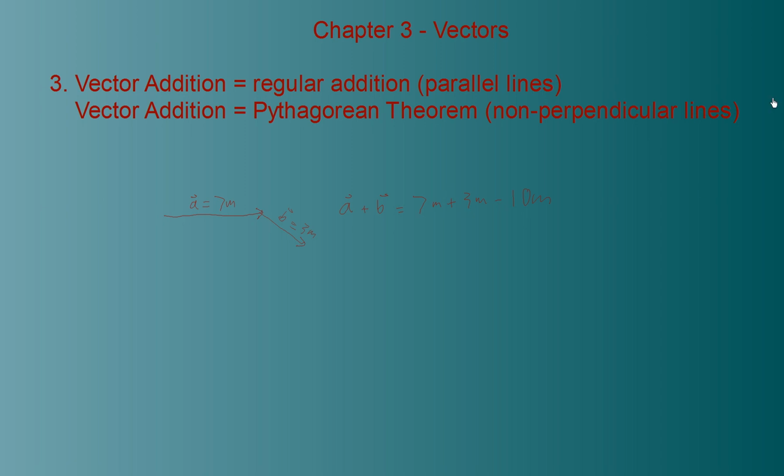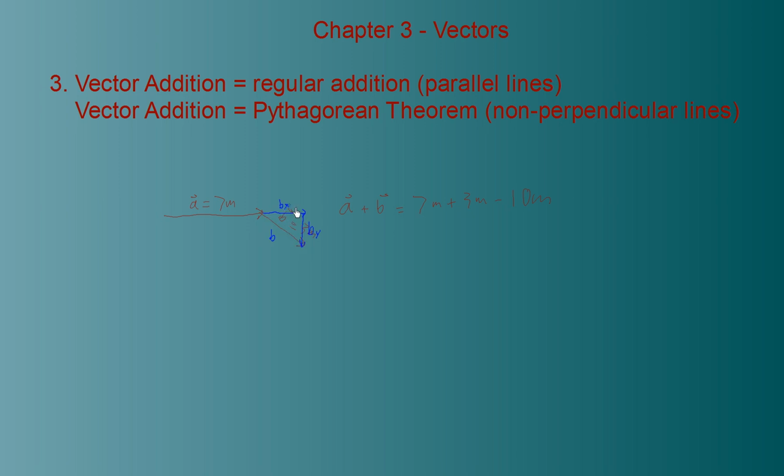Luckily, I have A already in the x-axis only, but B is not. So if I break B up into its x component, bx, and I break it into the y component here, by, this is just normal b. So the hypotenuse here is 3.